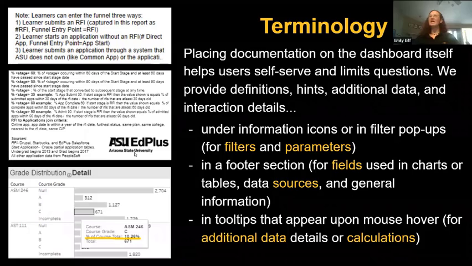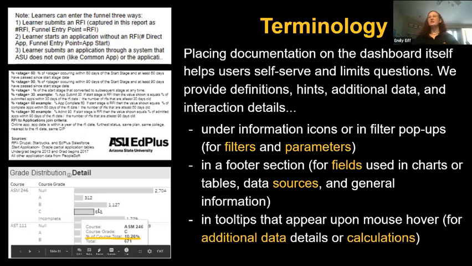So details like percent of total, for instance. Here, this is a grade distribution detail. We've provided the data that the users would want, but if you hover over one of these values, you get what percent. So in this case, the C's were a little more than 10% of the total grades.